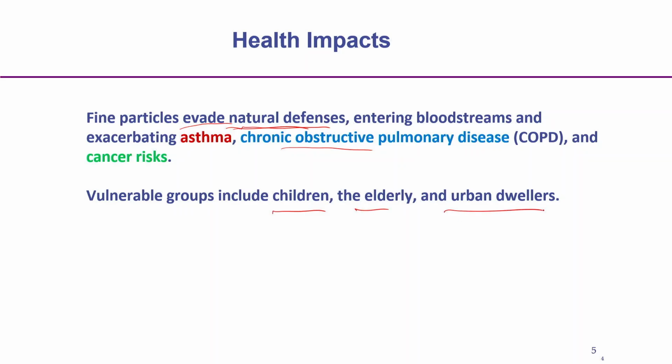Children and elderly persons are the most vulnerable as they have lower immunity, and in urban places the chances of pollutant generation are high, because there are different types of industrial and vehicular activities and a high density of vehicles.